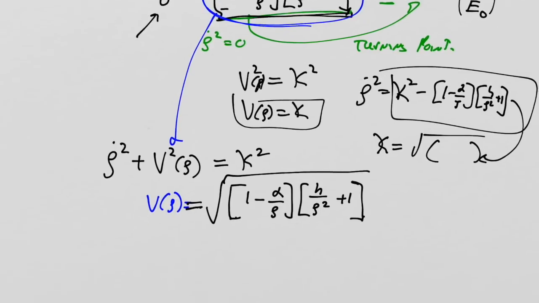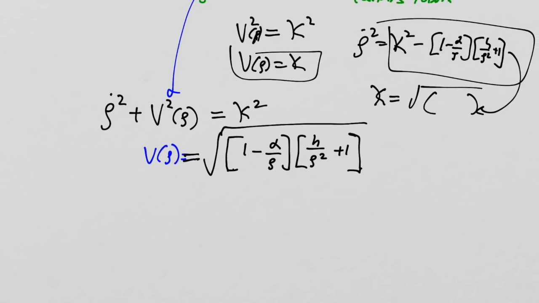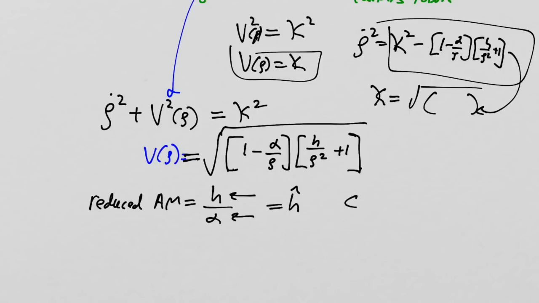Now, in order to crunch this a little further and make it cleaner for graphing purposes, I'm going to introduce a couple of simplifications. I'm going to introduce the reduced angular momentum, which is going to be h over alpha. Remember, h is measured in units of distance, and so alpha is the only different distance in our problem. So h hat is the reduced angular momentum. I'm going to set c equal to 1 everywhere, finally.